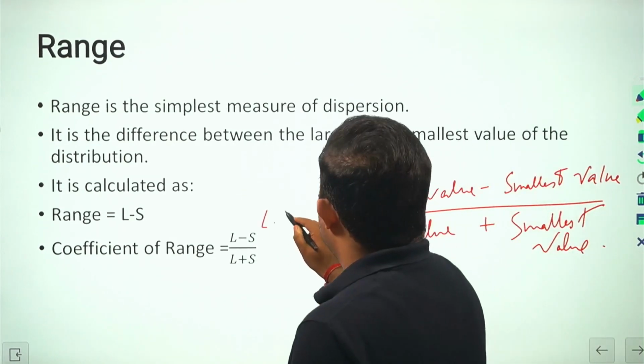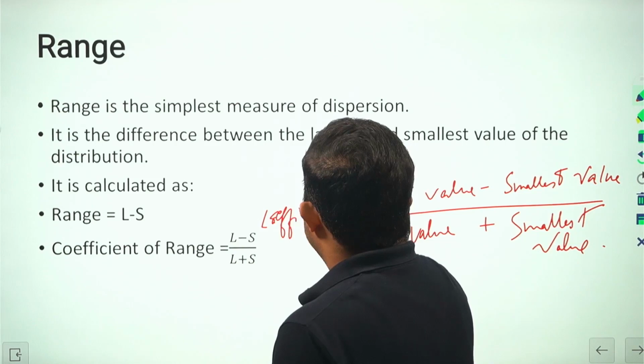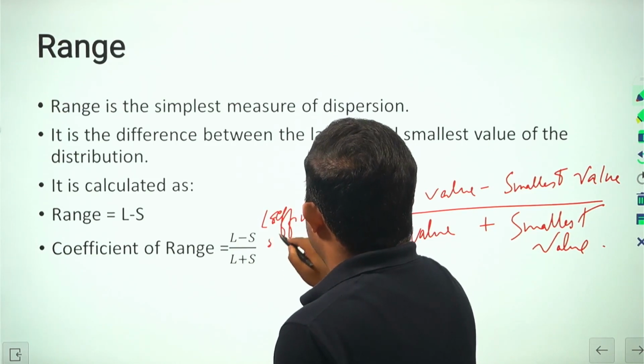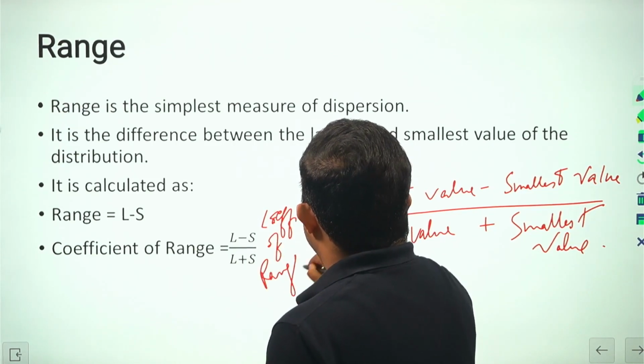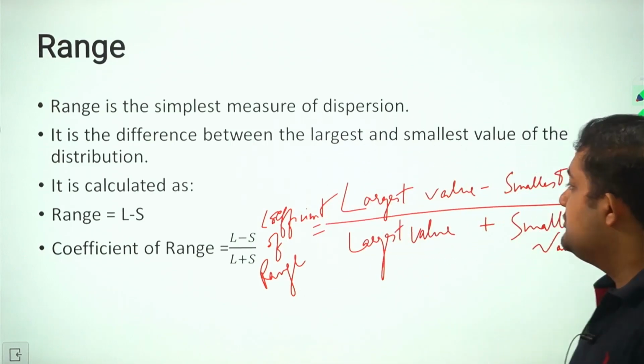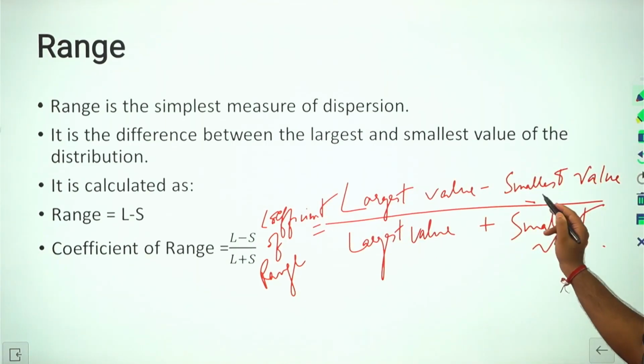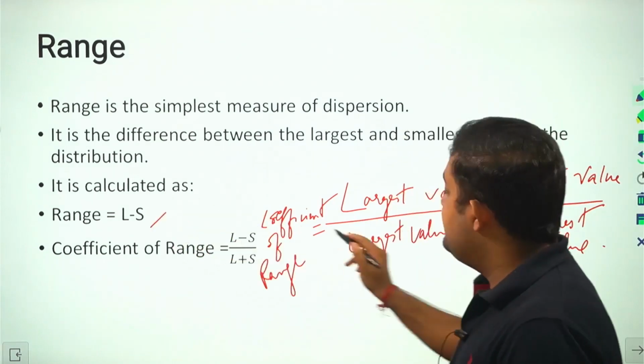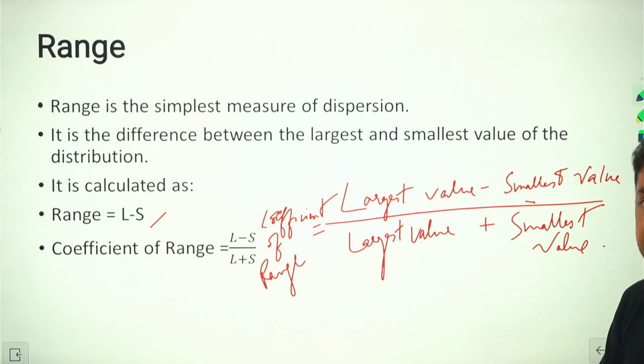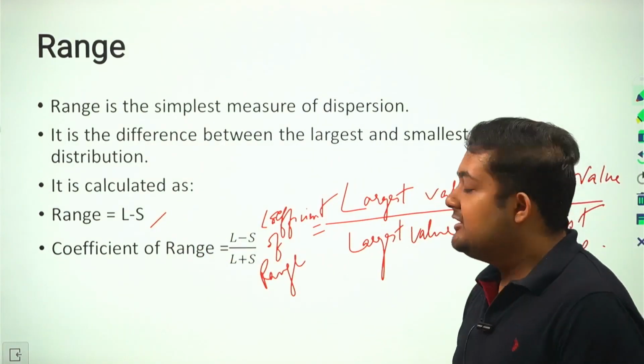So this is our coefficient of range. The coefficient of range is equal to largest value minus smallest value যোনটো আমি আগতে ফৰ্মুলাত কৰিলো, just divided by largest value plus smallest value. So this is the coefficient of range.